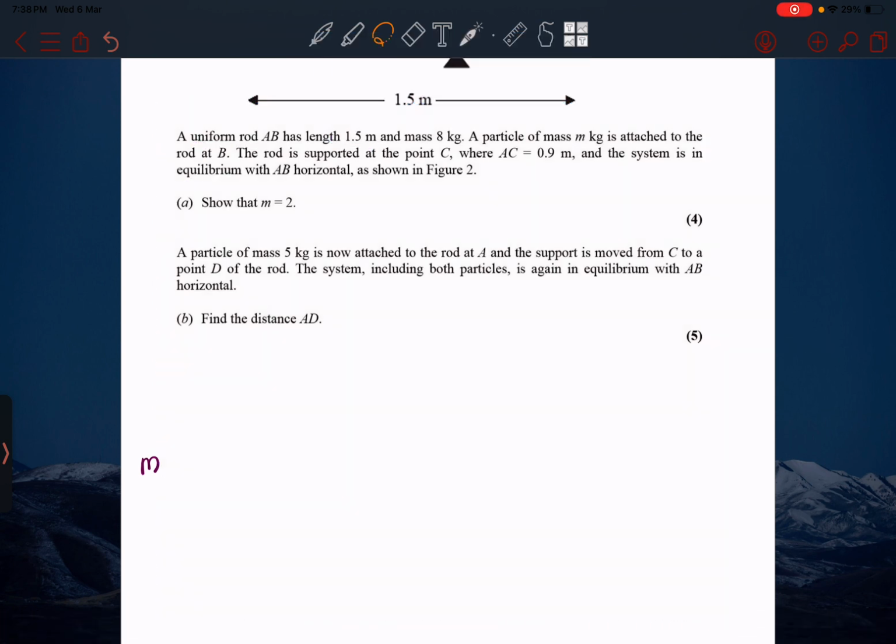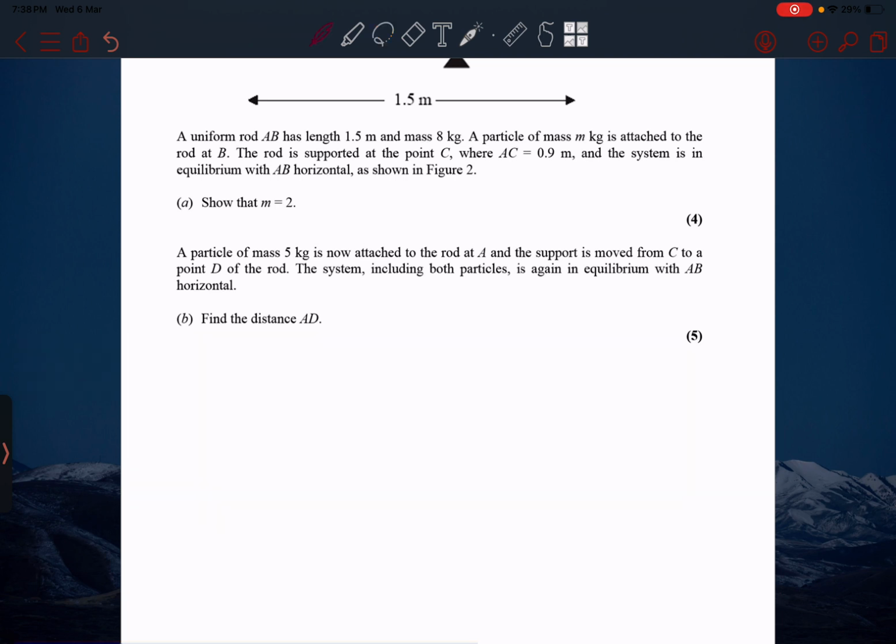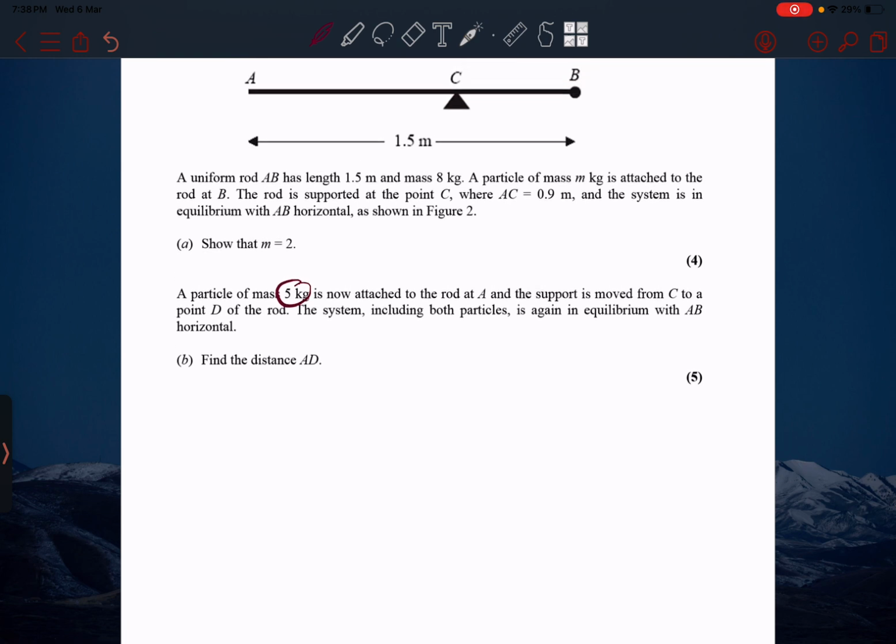Right, so for part B, a particle of mass 5 kg is now attached to the rod at A. So it's pretty much the same diagram, but now you have at A a particle of mass 5 kg. So that means the force that is going down is 5g. We had figured out that at B the mass m was 2, so the force going down is 2g.